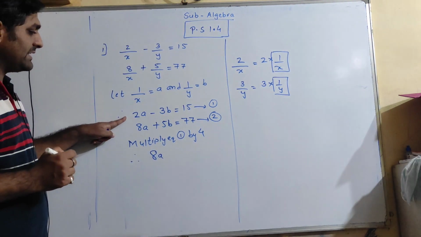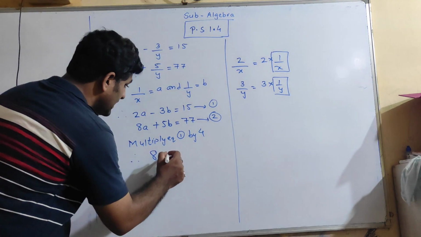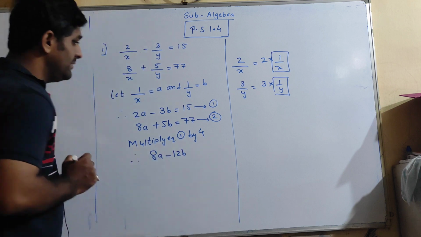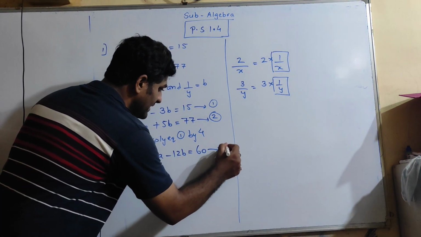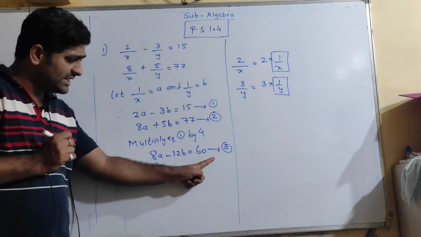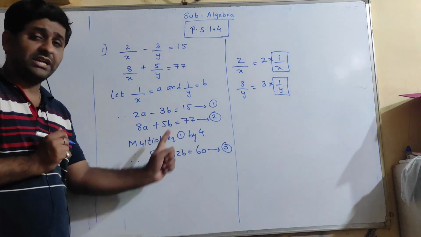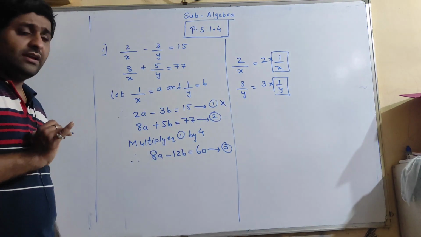I am multiplying this equation 1 by 4. Here it will be 12b. And 15 4s is 60. Let's take this as equation number 3. Now we know, students, equation number 3 is obtained from equation number 1. So we know this equation is temporarily out.